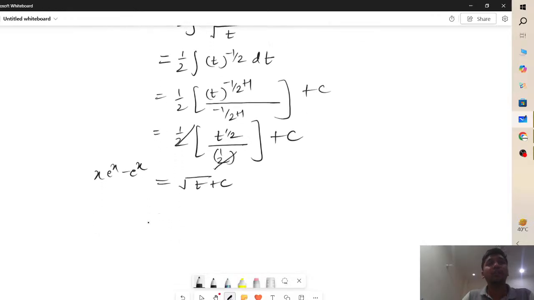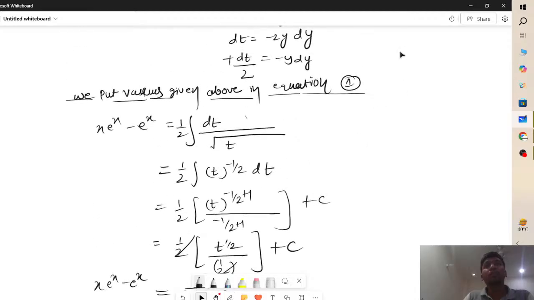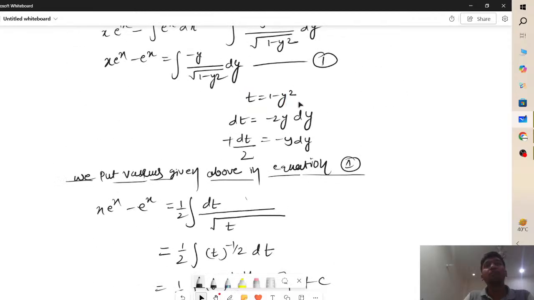Now what we assumed above is the value of t, which is nothing but 1 minus y square.